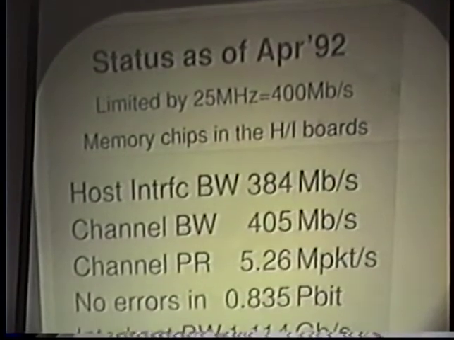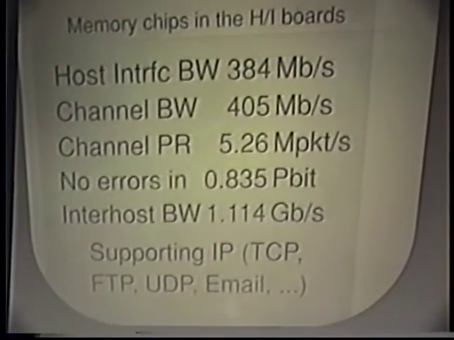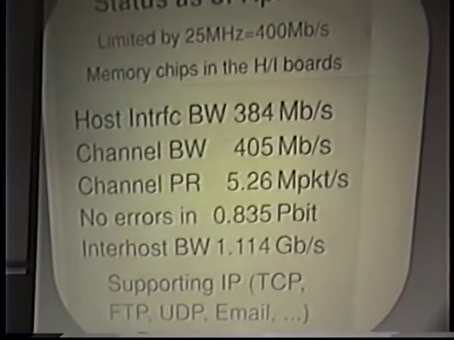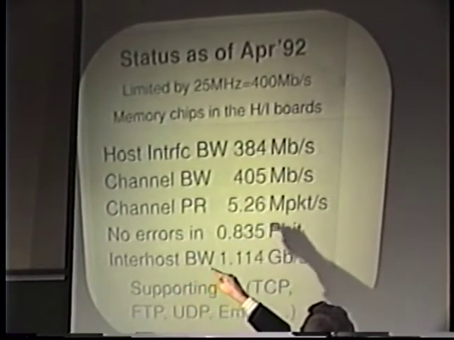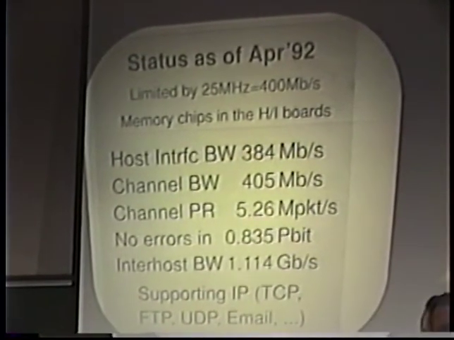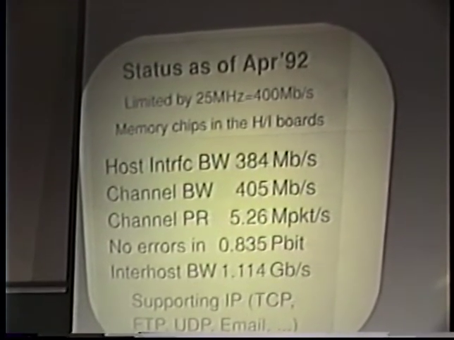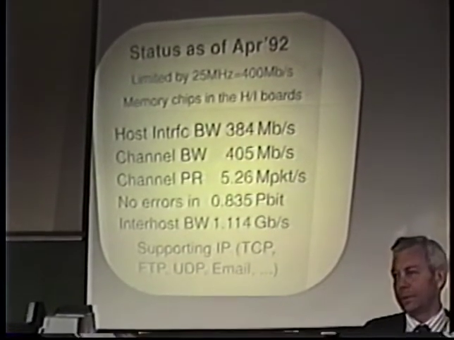And this is a very local area network. And, you know, basic channel bandwidth, inter-host bandwidth. And this number right here, I don't know if these guys are being completely honest about this. I can believe it based on our Caltech experience. But they say whenever it's working, our error rate is 0.